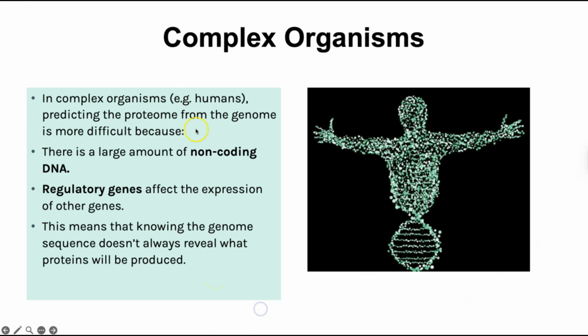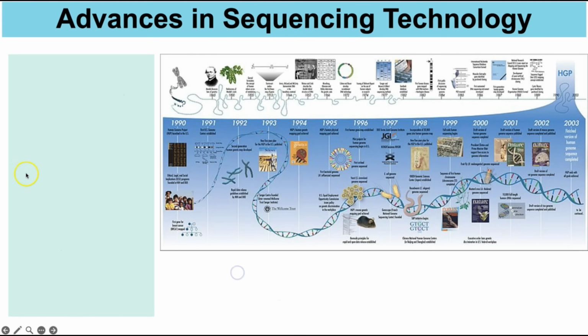In complex organisms, for example humans, predicting the proteome after working out our genome is more difficult, and that is because we've got large amounts of non-coding DNA, and also we have regulatory genes that affect gene expression. So that means that knowing the genome sequence doesn't always directly reveal which proteins will be produced.